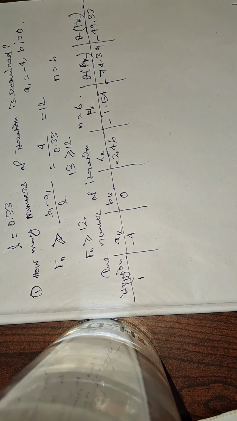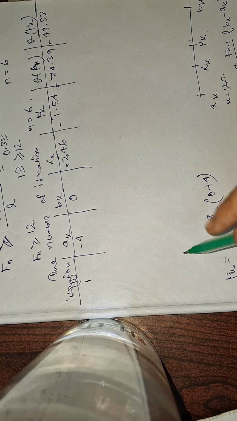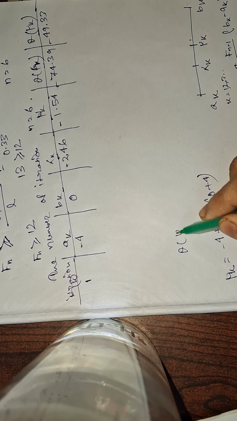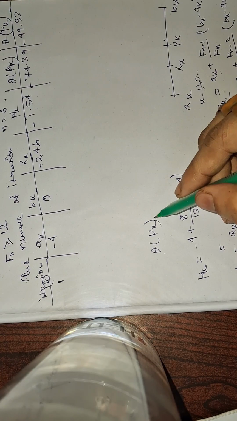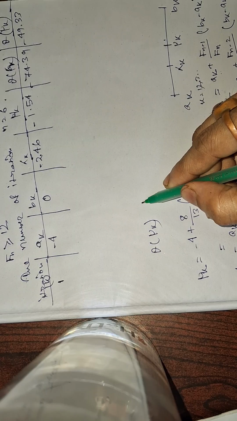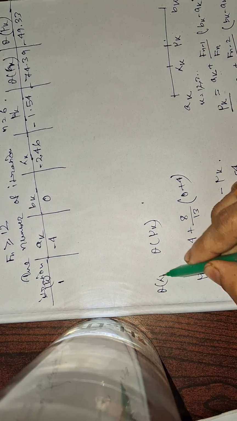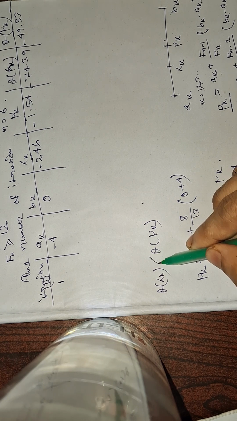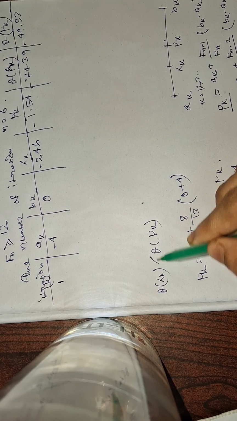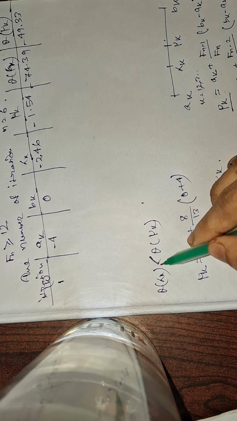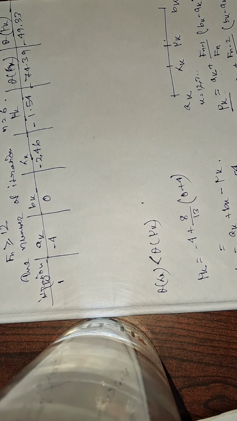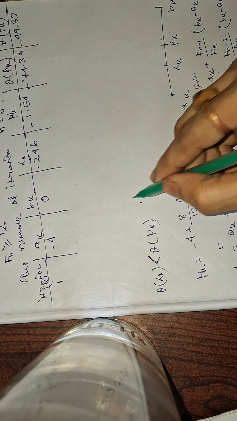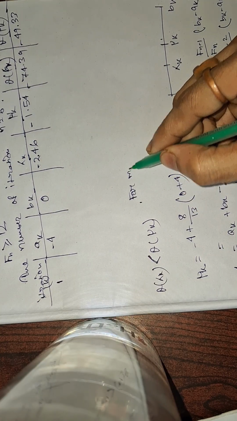So here we have theta mu k and theta lambda k, two values, and we compare that theta mu k is greater than theta lambda k.